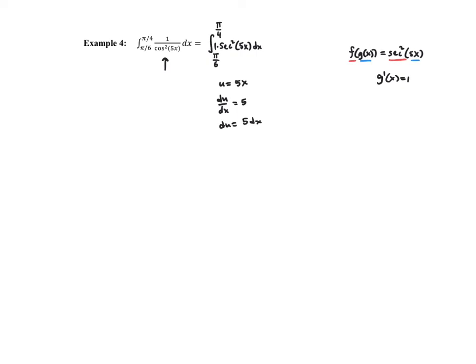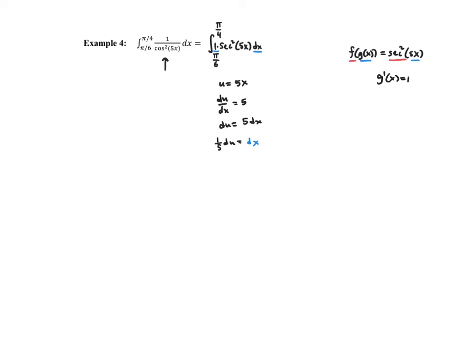Well, I don't have the ability to just take things and work with them in that format because I have a 1 dx, not a 5 dx. So I want to replace 1 dx, and therefore what I'll do is divide by 5. That gives me 1/5 du equals 1 dx. And I'm going to sub 1/5 du in for 1 dx.